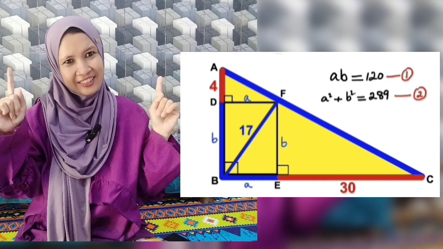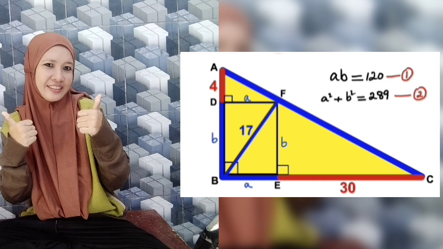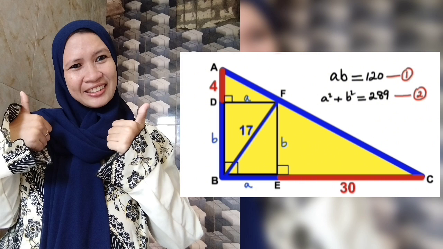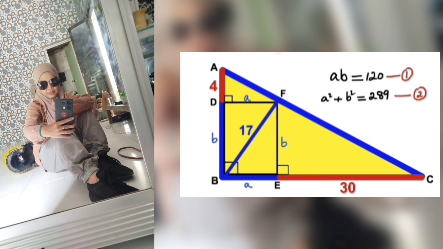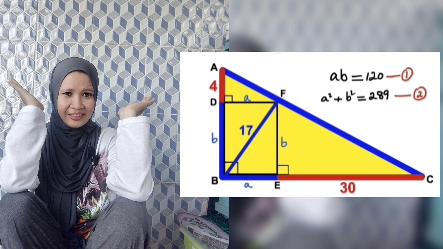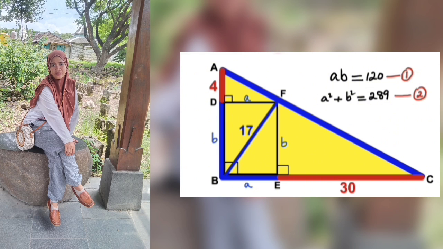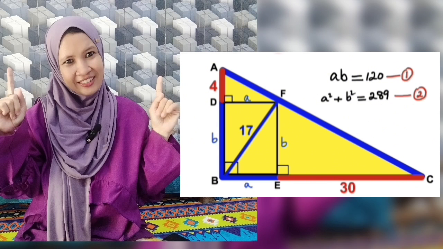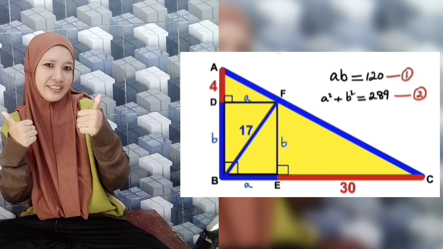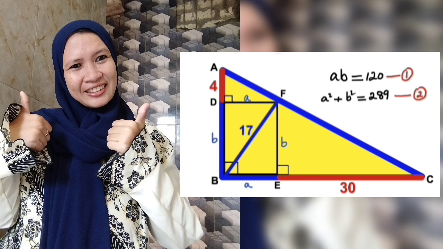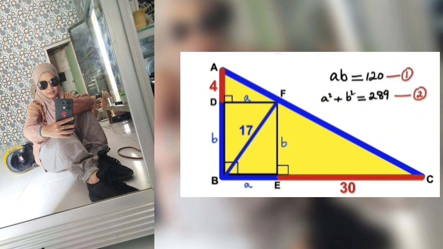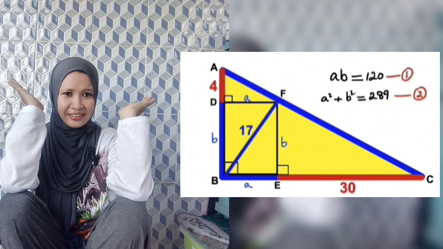So therefore, after the substitution, that is going to become a plus b whole square equals 289 plus 2 times our ab value, which is 120. And I'm going to undo this square by taking square root on both sides. And here we can see our a plus b value turns out to be positive 23 units. And I'm going to label this one as our equation number 3.